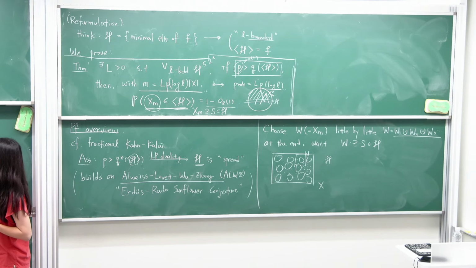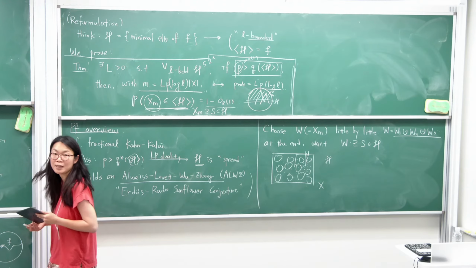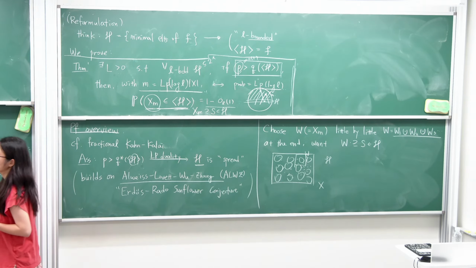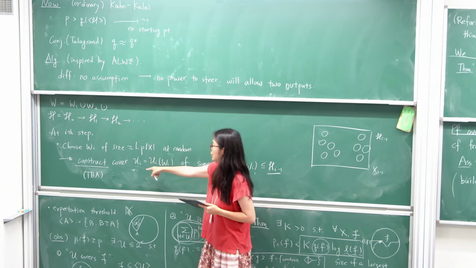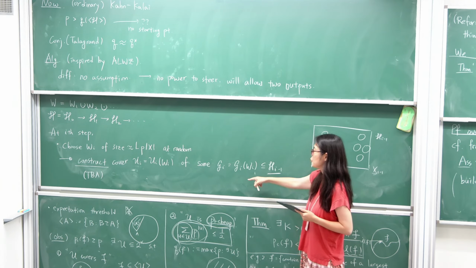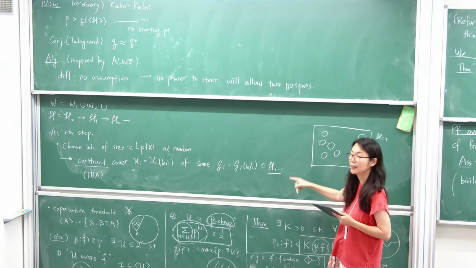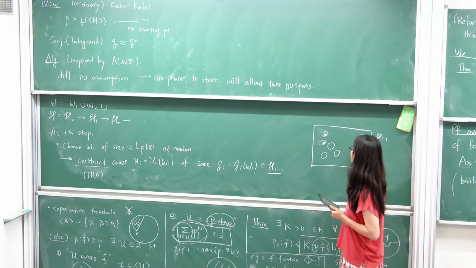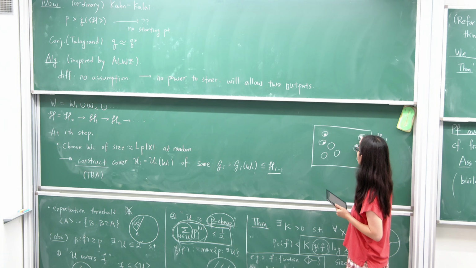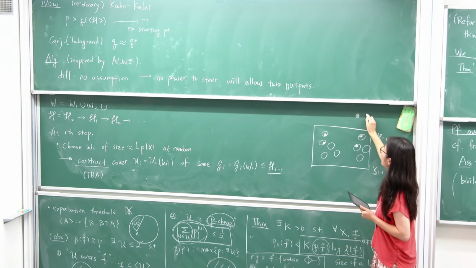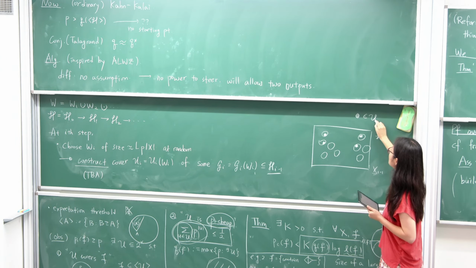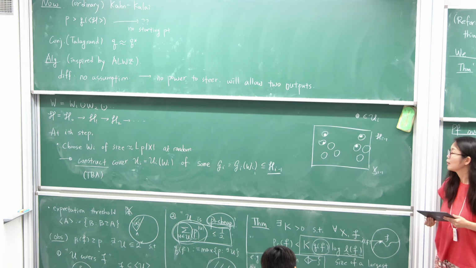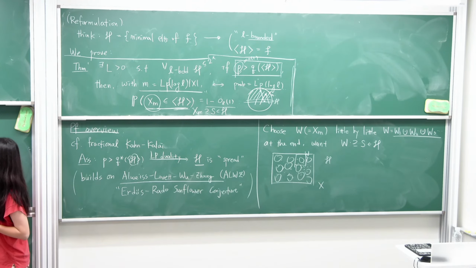And those are the hyper edges in our Hi-1. Then we construct a cover that covers some hyper edges in our current host graph. So this cover looks like this: here, here, and here, and maybe here. Those dots are the members of our cover Ui. Then our Gi is what's covered. This is our Gi.